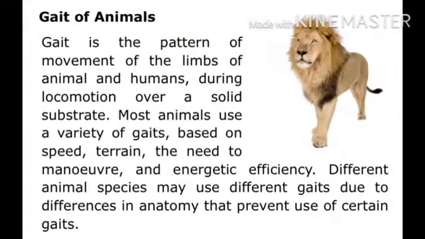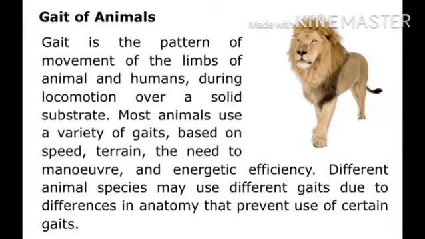Now gaits of animals. Gait is the pattern of movement of the limbs of animals and humans during locomotion over a solid substrate. Most animals use a variety of gaits based on speed, terrain, and the need to maneuver, and energetic efficiency.